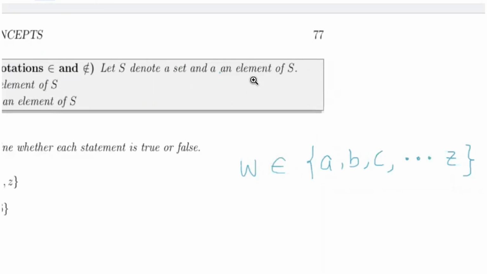Yeah, it's there, right? Let me give you another example. So instead of W, if I say alpha, is alpha part of the elements? No, alpha is not in the English alphabet. So no, it's not an element. Are we okay with this notation? An element of, not an element of, how to verify?